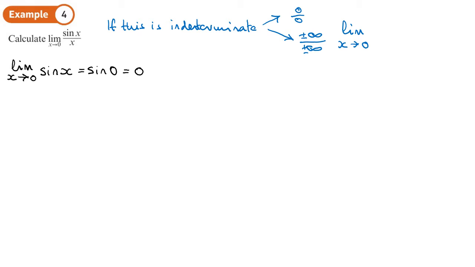so we know that the numerator tends to 0. Okay, so let's look at the denominator. So the limit as x tends to 0 of x, well, I think that's pretty obvious. That's just going to tend to 0. So that means that sine x over x as the limit of x tends to 0 is indeterminate.